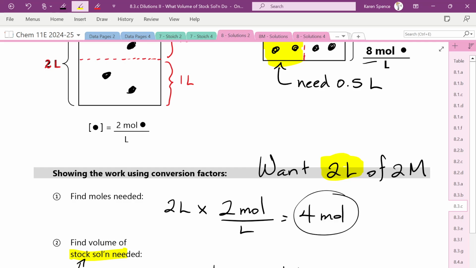A volumetric flask. And guess what? 2 liters is a nice round number. Anytime we have a nice round number, chances are we can find a volumetric flask of that size.